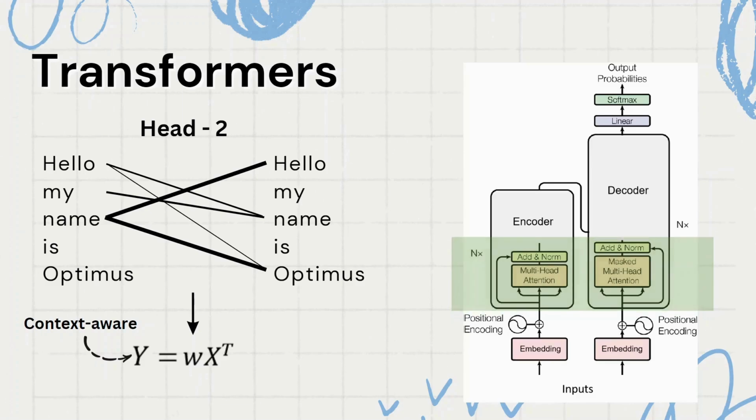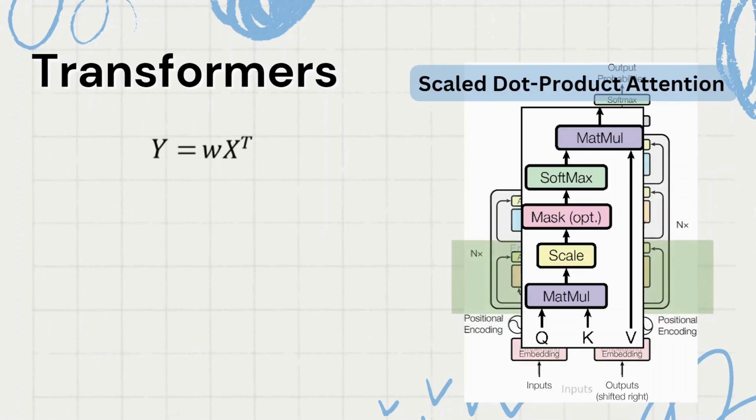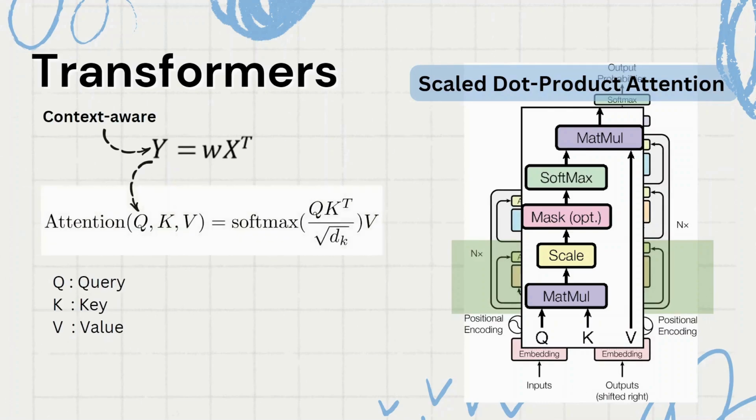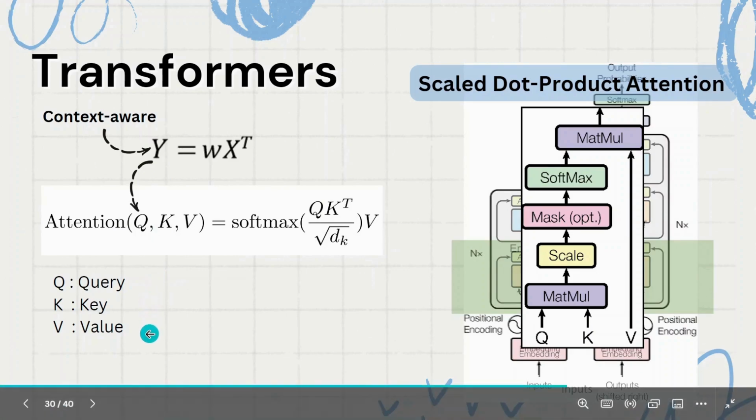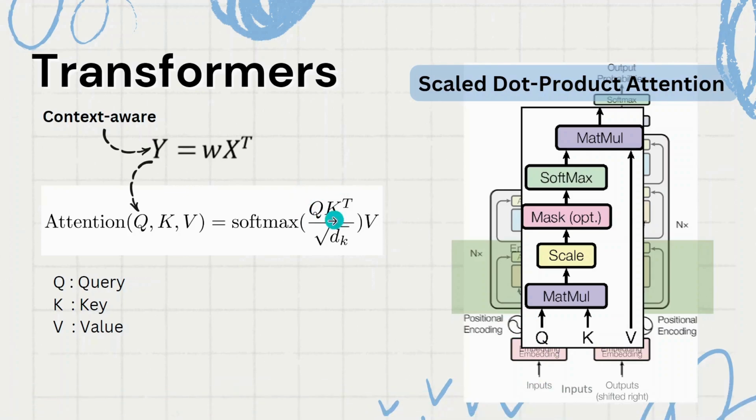If we go into more detail about it, we can see from the paper that they have used scaled dot product attention in order to calculate this context-aware attention vector. For this, each word in the sentence is assigned three vectors: the query vector, the key vector, and the value vector. These vectors are used such that first the query and key vectors are multiplied together through matrix multiplication, and then they are scaled through some denominator value.